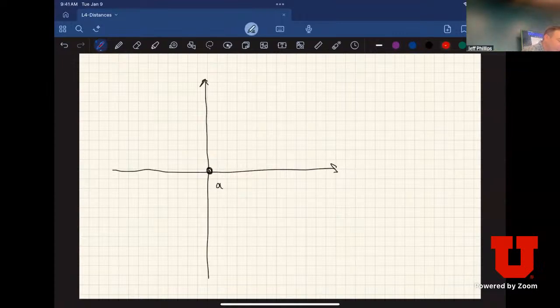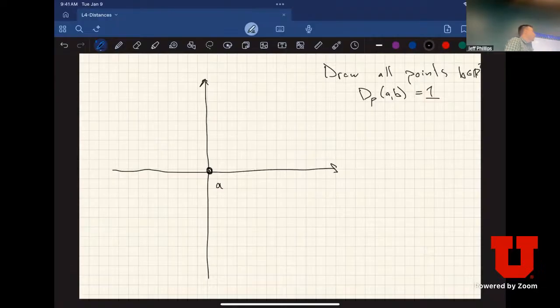So the goal is to draw all points where the Lp distance between A and B is equal to 1. All points B in R2 here.